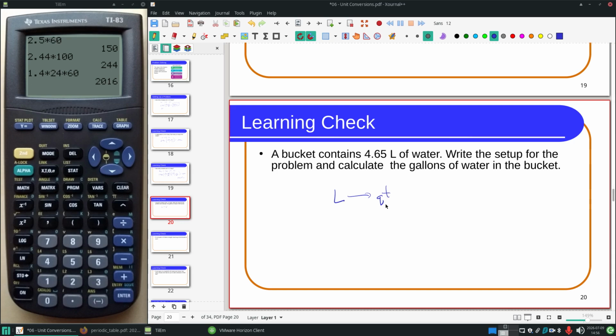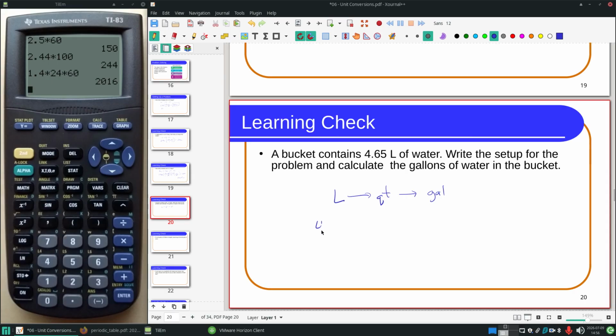Now here's an interesting thing. Quarts to gallons, that's a very American thing. I typically give that to you on the test because I don't expect everybody to know it because it's a weird English to English conversion.